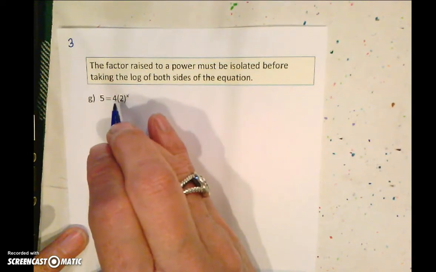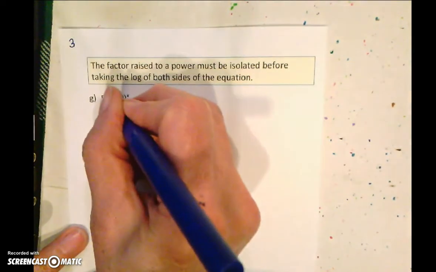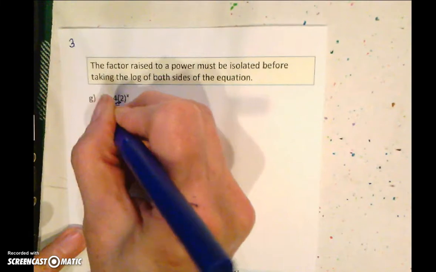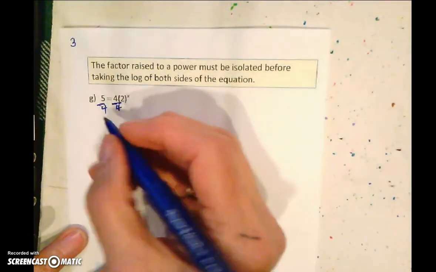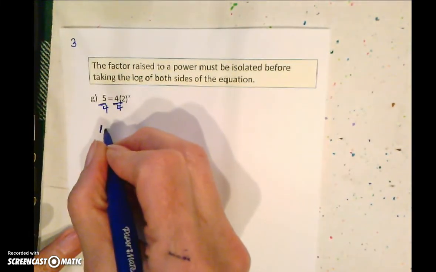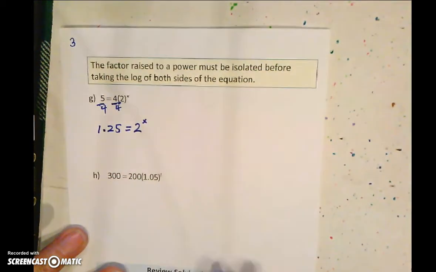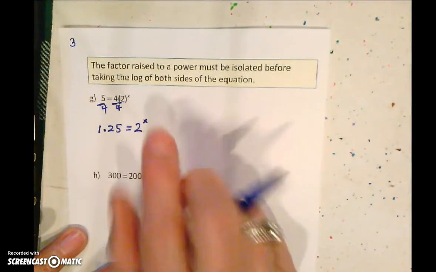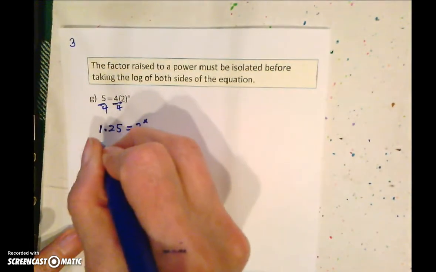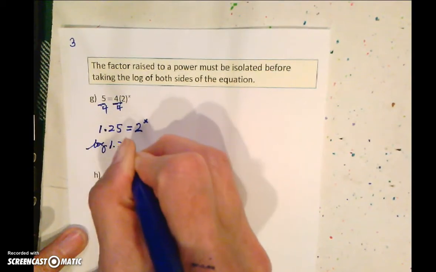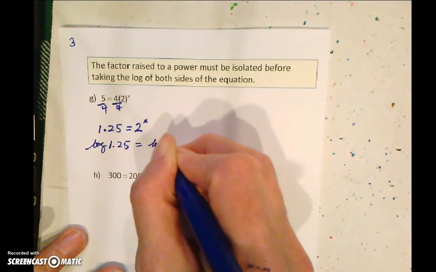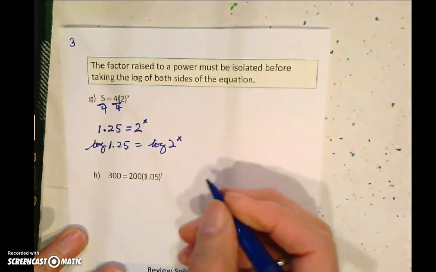So what I need to do is to isolate and divide both sides by 4 right there, and I'll use my calculator to do that, but that's going to be 1.25 is equal to now 2 to the x power. And now once I get this isolated over here, I'm going to take the log of both sides. So the log of 1.25 is equal to the log of 2 to the x.